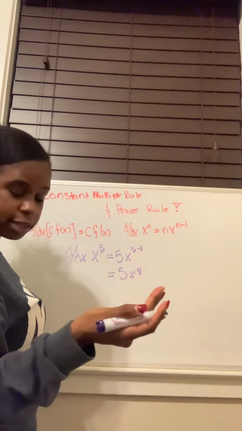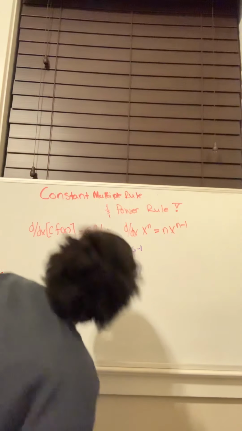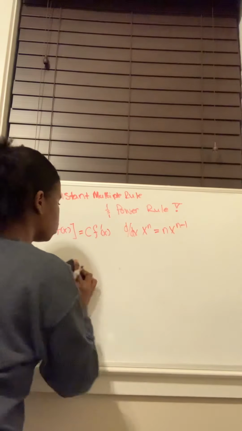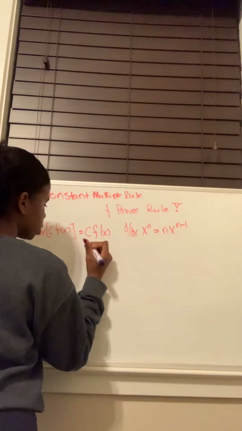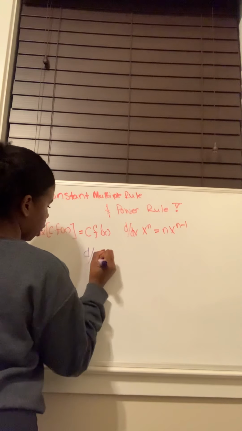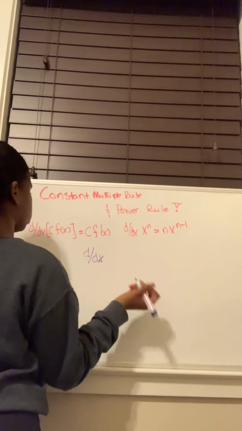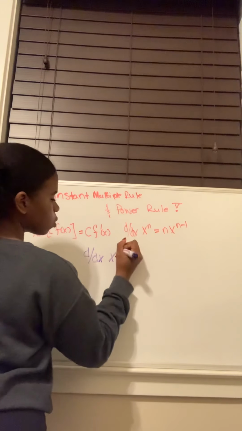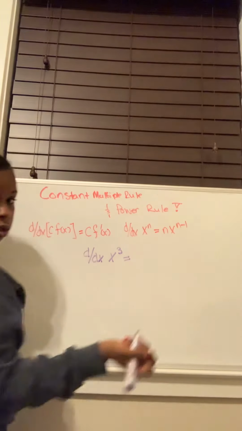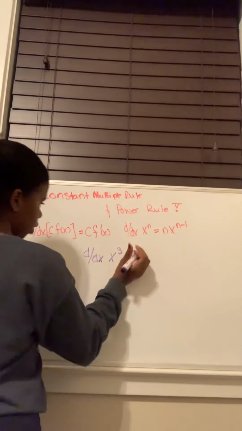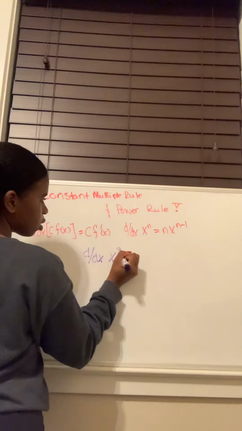Do you want to see another example? All right, here we go. Say you want to take x to the 3rd power, x cubed. What's the derivative for that? Again, 3 is your n.